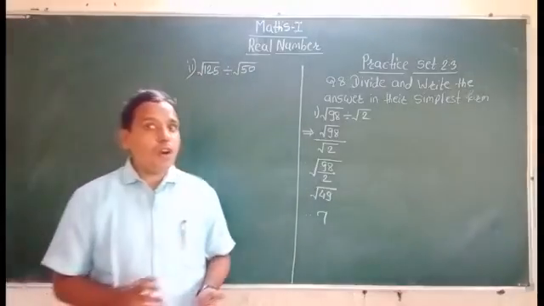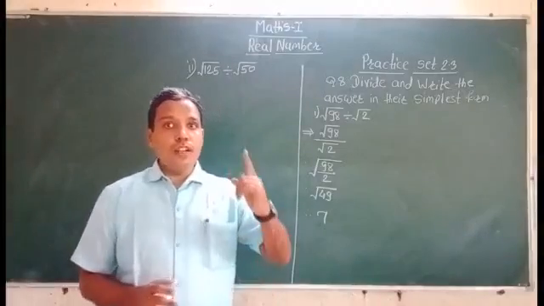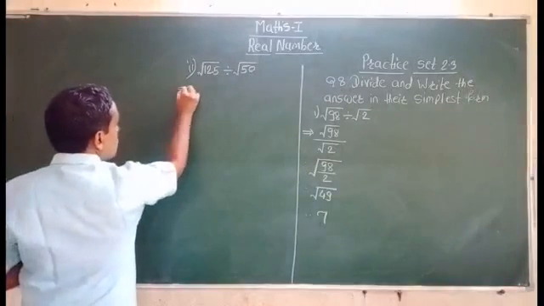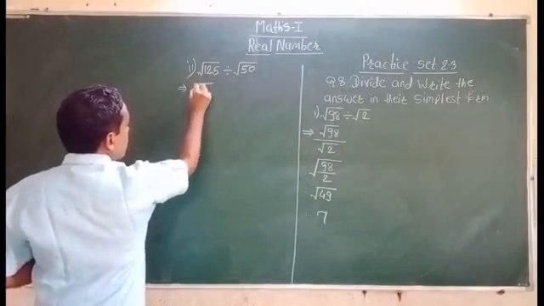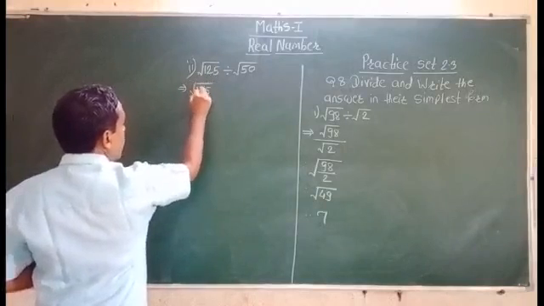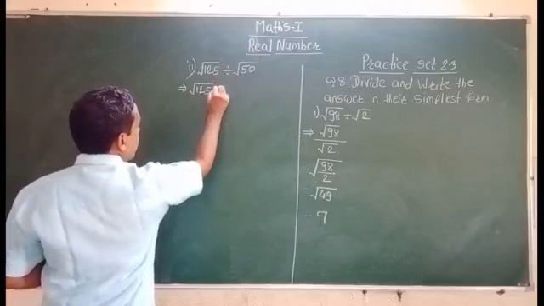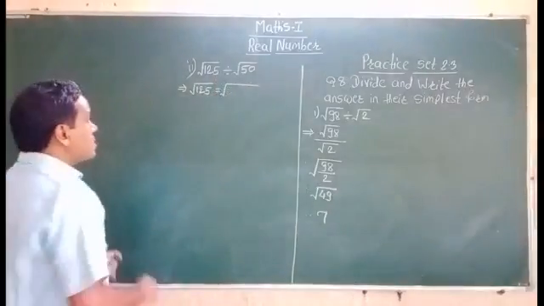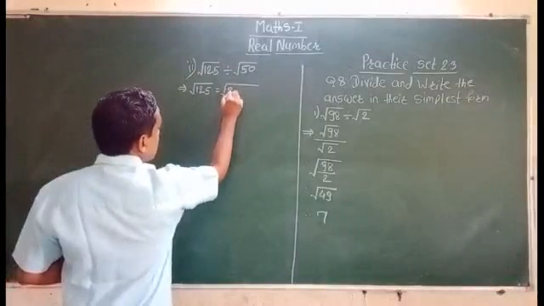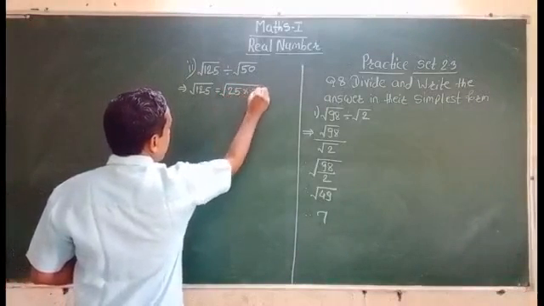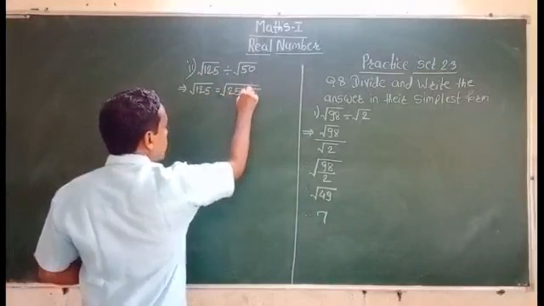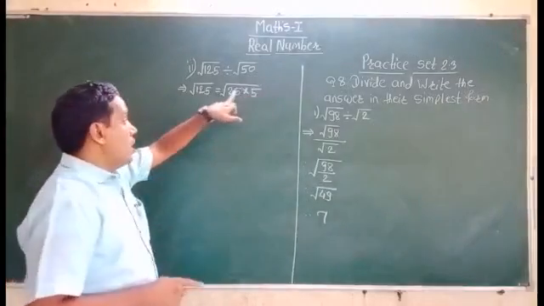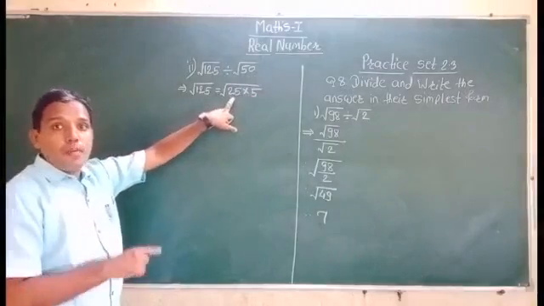In that simplest form, remember that one number is a perfect square number. First of all, we split up surd 125 into two numbers: 25 into 5. 5 is a prime number and cannot be factorized further, and 25 is a perfect square number.